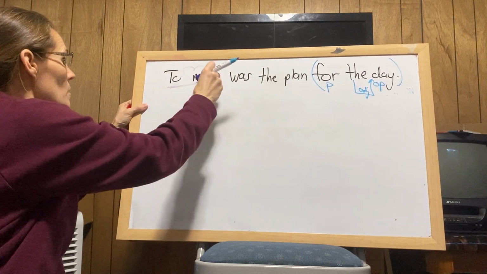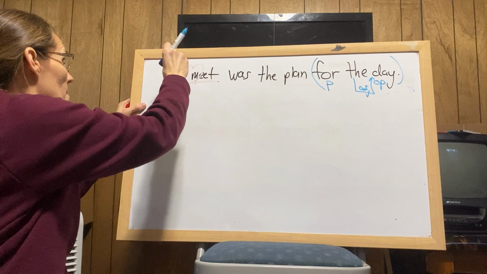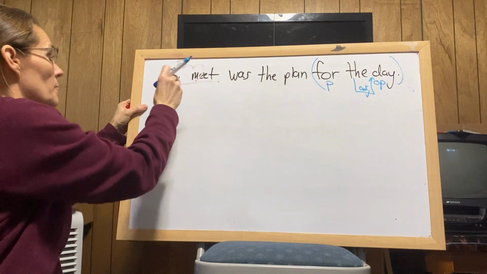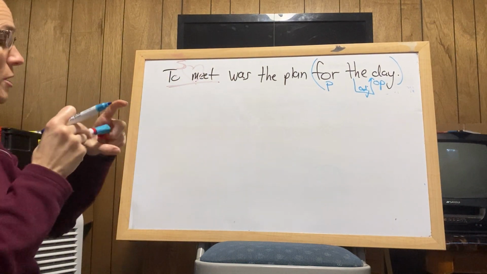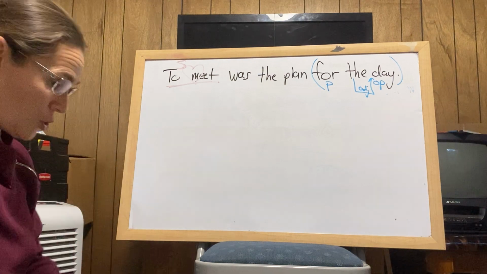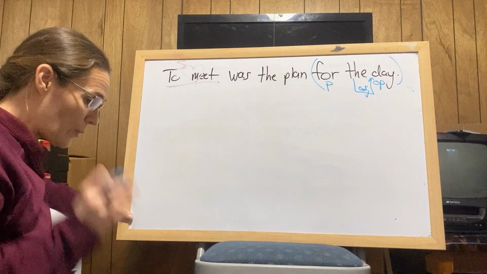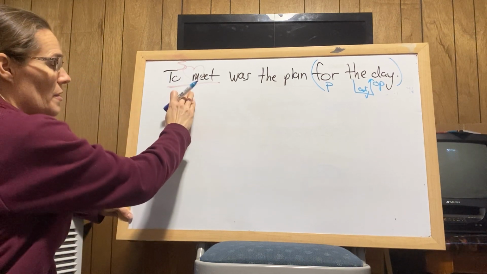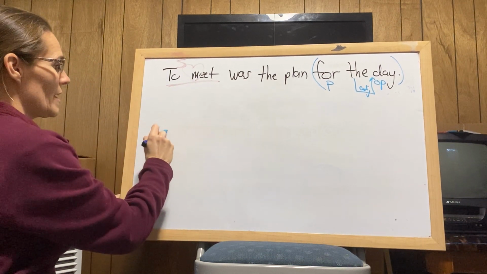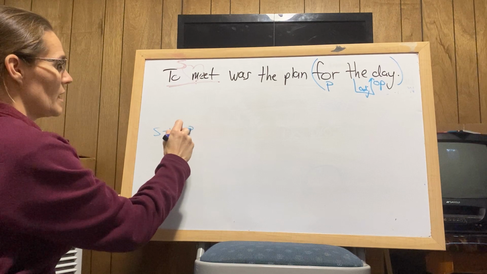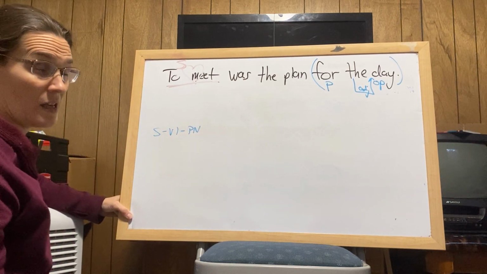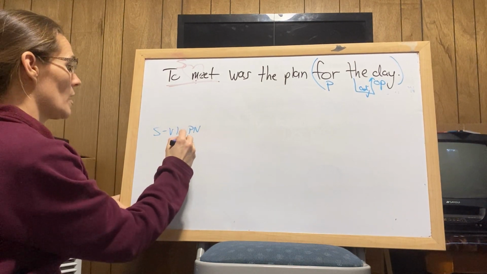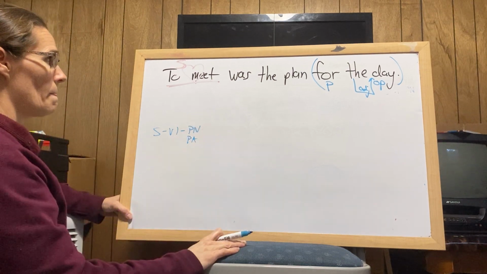This is a verbal, and it is the subject, okay? Remember, it's an infinitive because we have two. An infinitive is to plus a verb. To meet. And what I've noticed whenever a verbal is the subject, it will most likely be a SVLPN, okay? Or maybe it'll be a SVLPA.